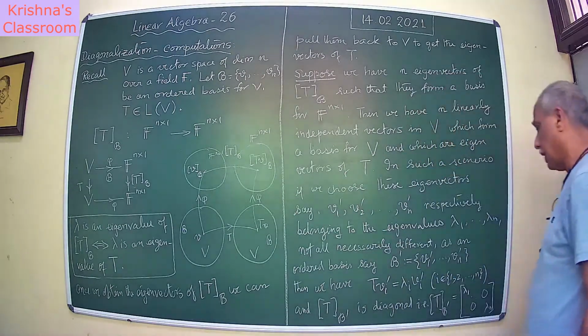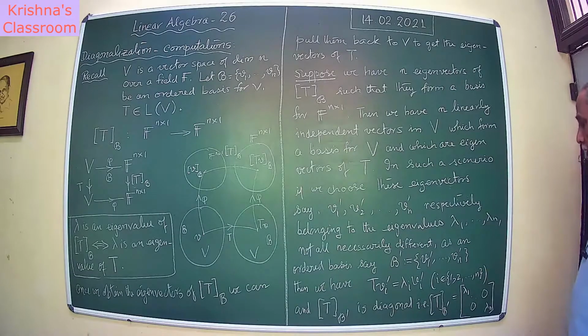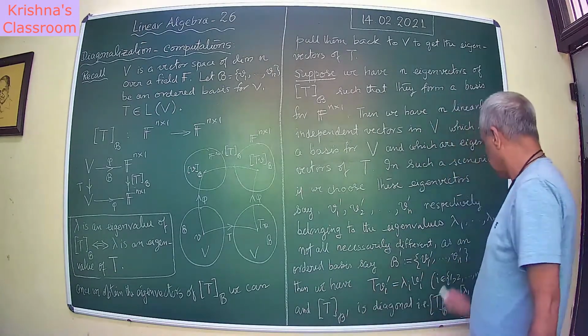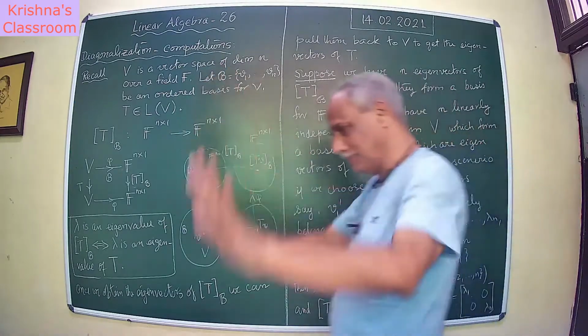And then if you write down the matrix representation of T with respect to B prime, it is diagonal. So this is the story.